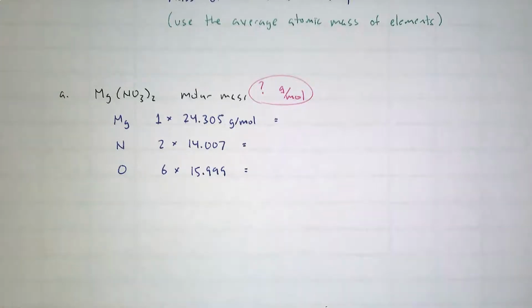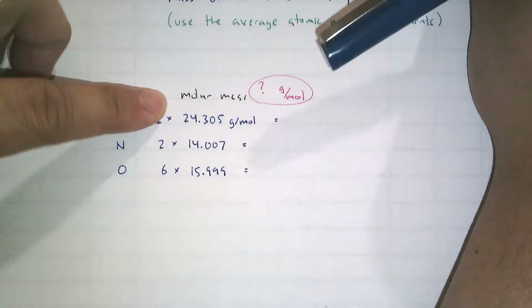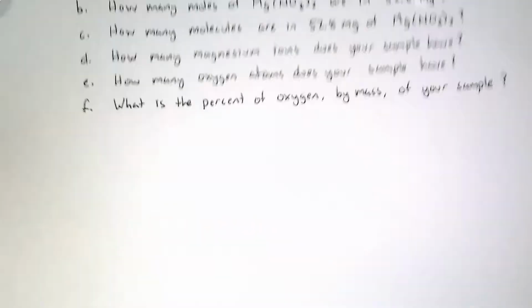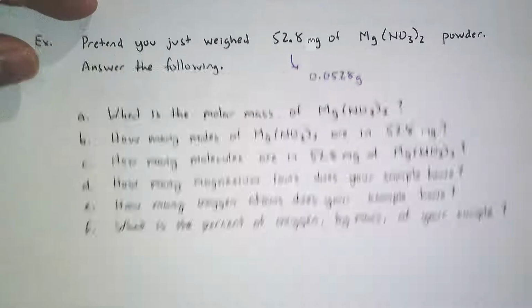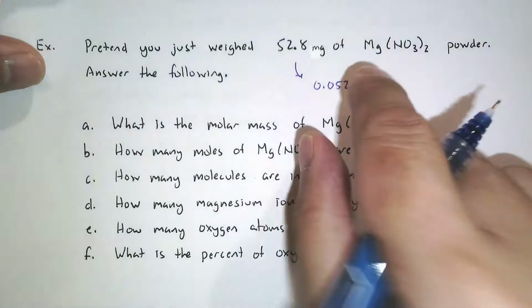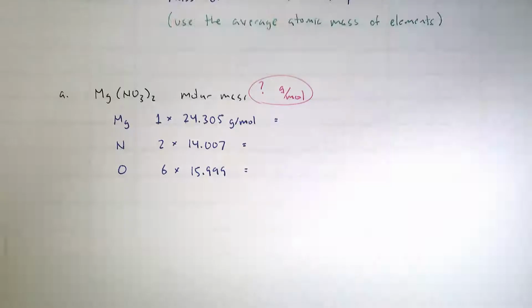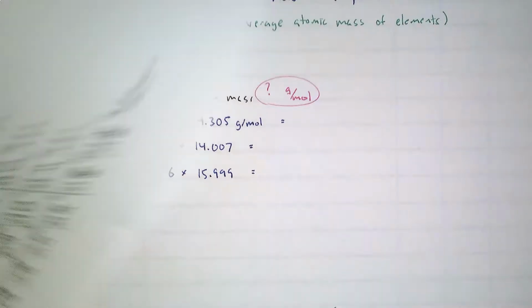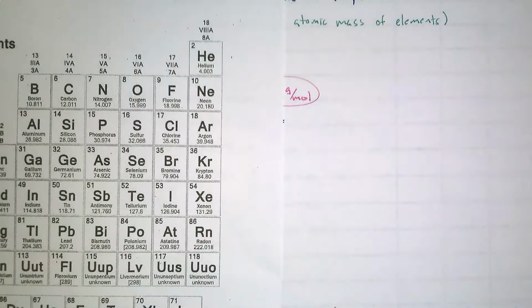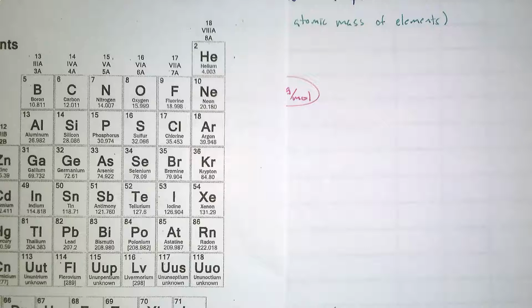It doesn't really say in the problem how many significant figures we should use. We're getting a molar mass, and we're really basing it off of the periodic table. I would just conservatively put 2 digits past a decimal.